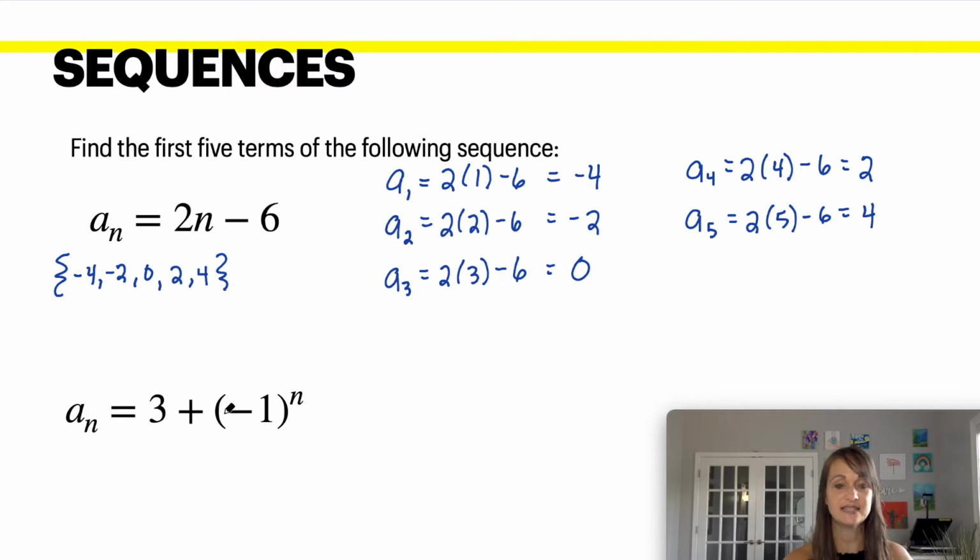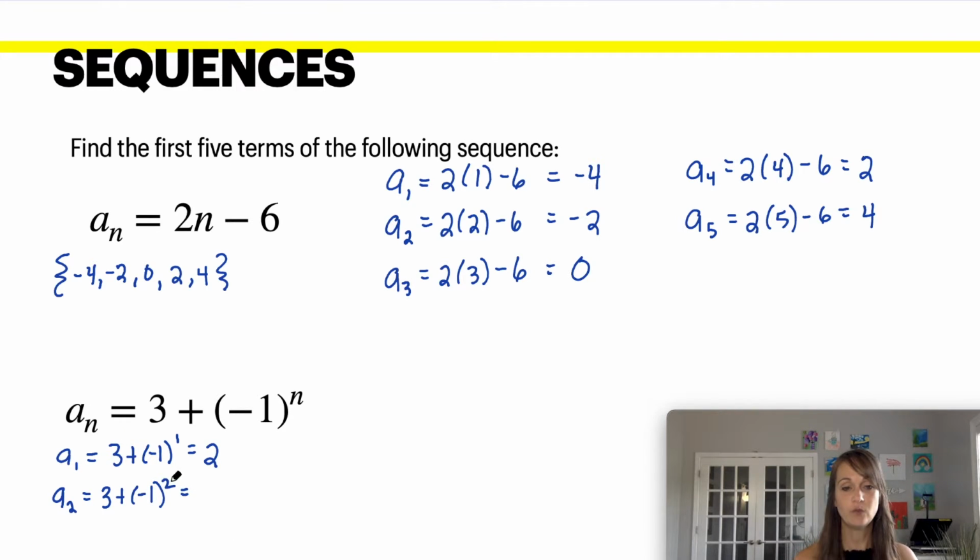In the second instance, you'll do the exact same thing. If I want to know the first term, that means I'm going to plug in 1 for n. So I'm going to get 3 plus negative 1 to the 1. 3 and negative 1 give me 2. The second term means I'm going to plug in 2 for n. And then negative 1 squared here actually turns to a positive 1.